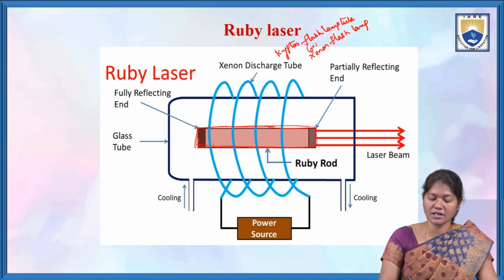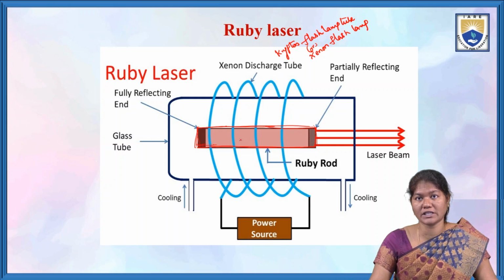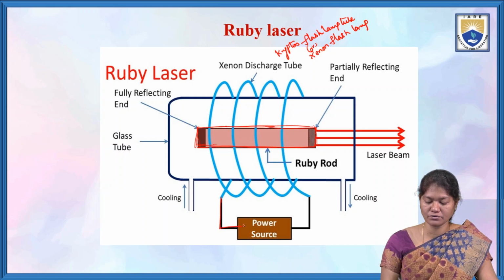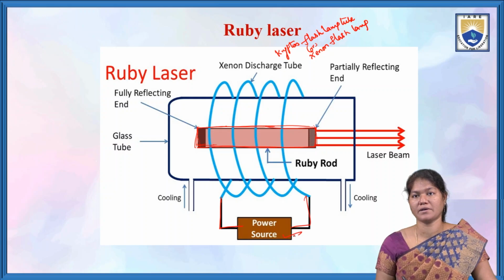So this rod is placed along the axis of a helical xenon flash lamp tube that is connected to some power source.